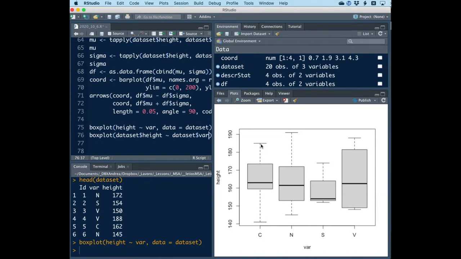So we have full information about the location and about the spread, and this is telling us something about the shape also. We didn't talk about the shape, but it is telling us, for example, that the 25th and 75th percentile are closer to the maximum value than to the lower value. So this population is not symmetric. But we didn't talk about the shape, and it doesn't matter. But this graph gives us full information.